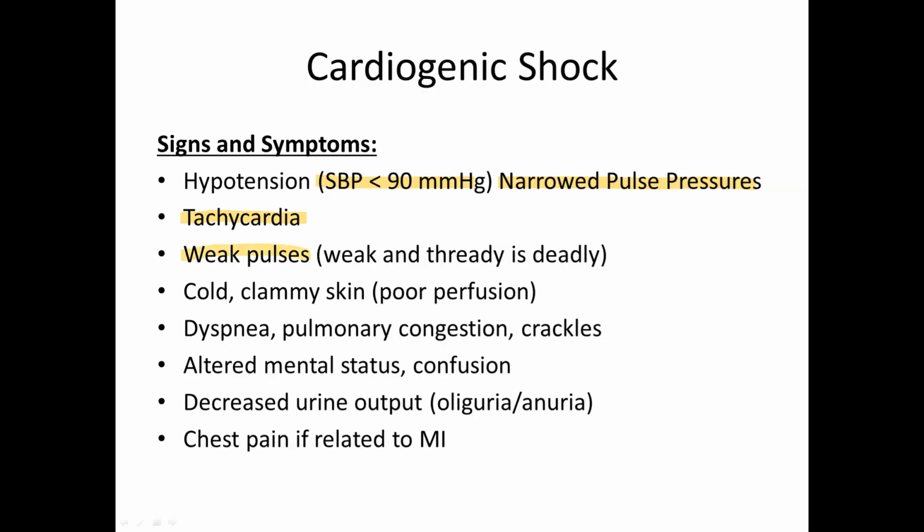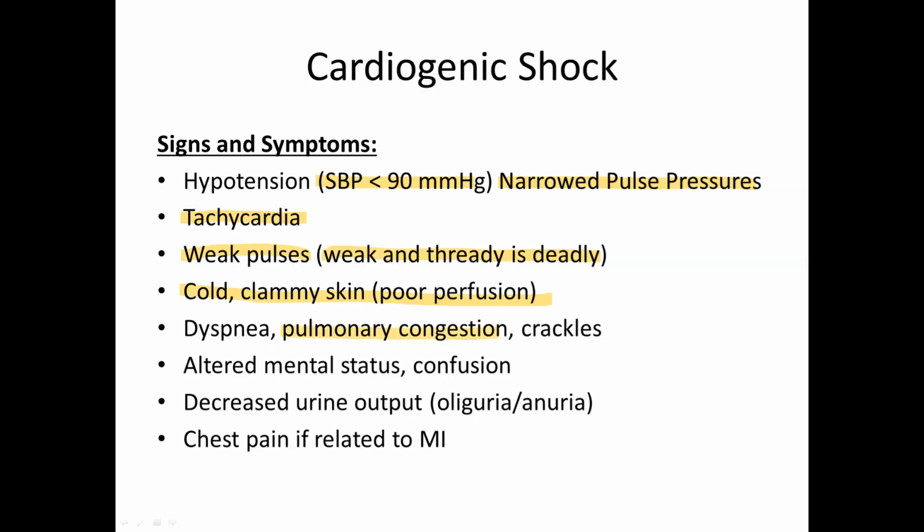Because it's a pump issue, you can have weak pulses, and we've already said that weak and thready pulses is deadly. You can have issues with red, white, or blue, so with our colors, with our temperatures, this is cold, this is clammy, so maybe white. You can have issues with cyanosis, which is our blue, and erythema, which is our red. You're going to see changes in the respiratory pattern and function.